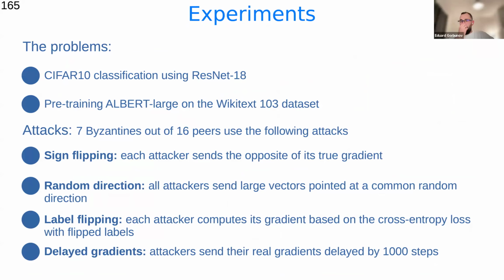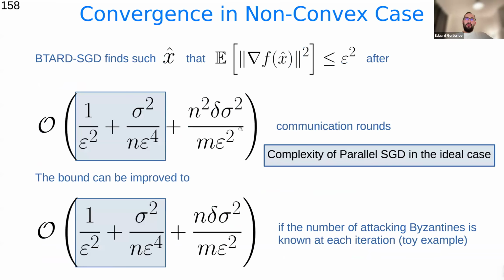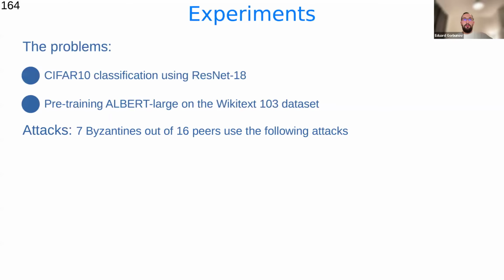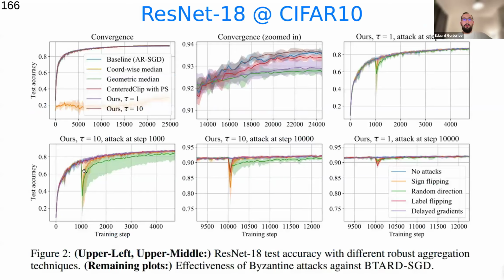So maybe this is a worst case bound. Maybe it can be improved, but I'm not sure. I didn't study the lower bounds in this setting, but if the number of Byzantines is small, we shouldn't have much of an issue. Let's say if here we had just one Byzantine client, I think this spike would be much smaller.